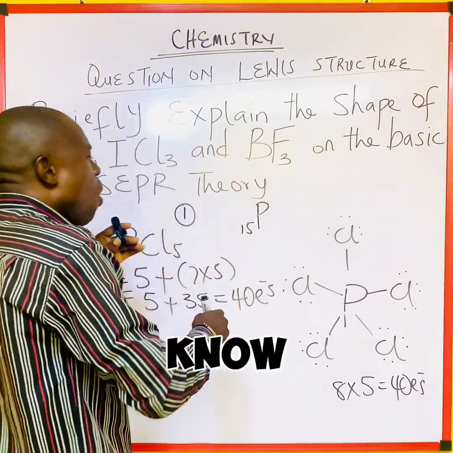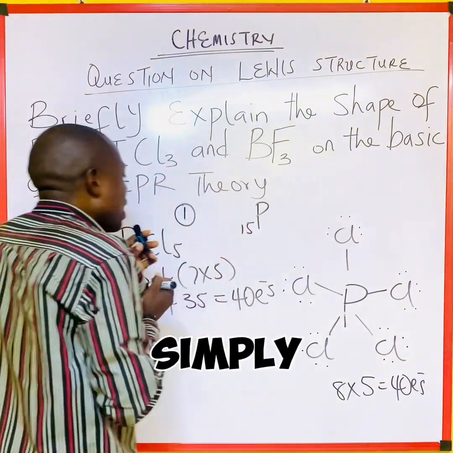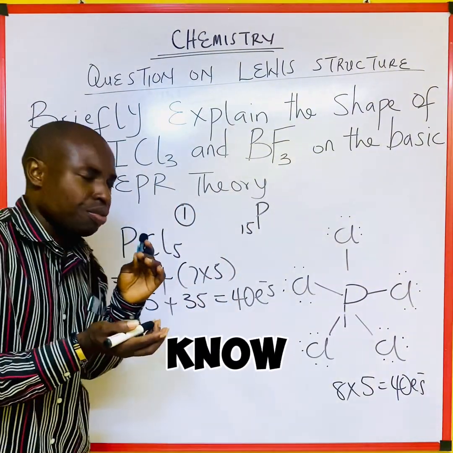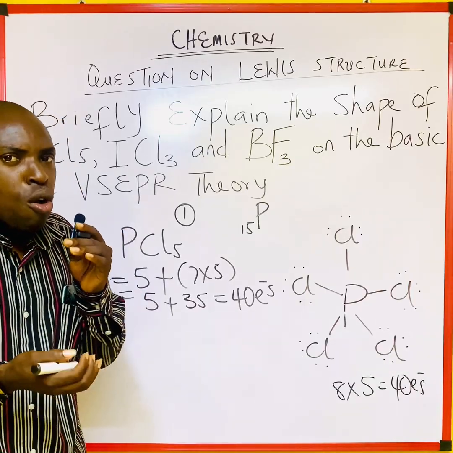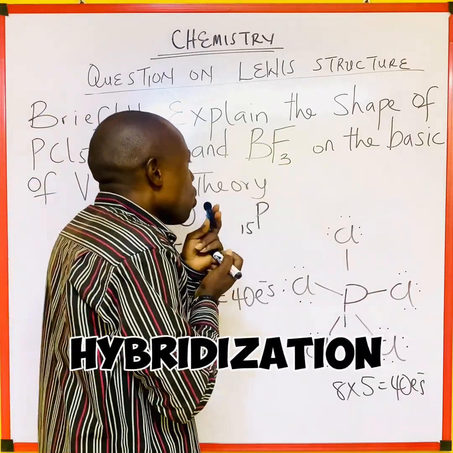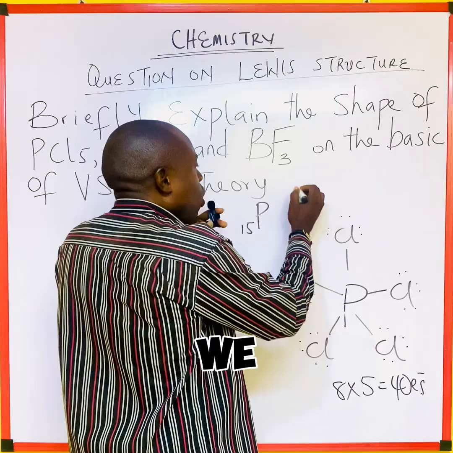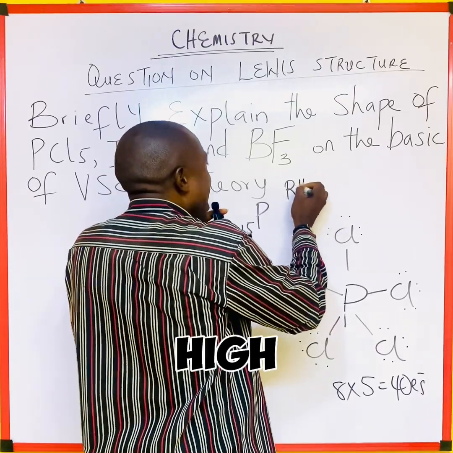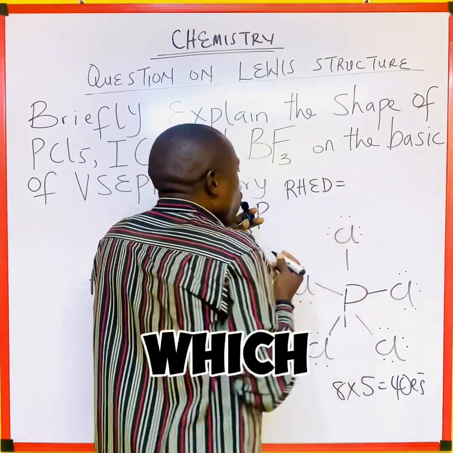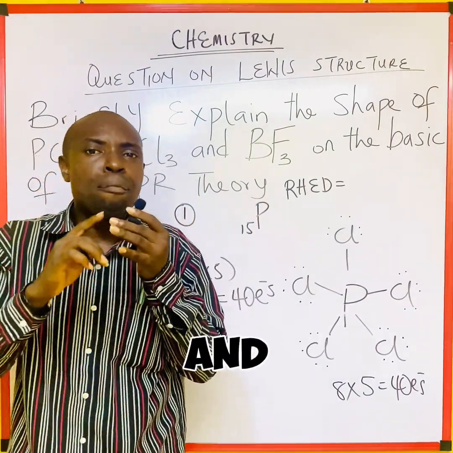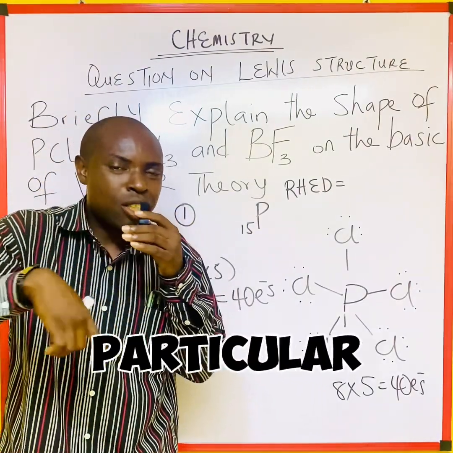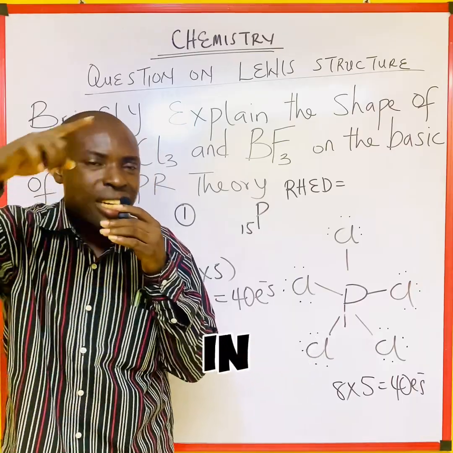Now that you know all these things, we can calculate the hybridization. To get the hybridization, we need to know that there's something we call region of high electron density, which is simply the total number of lone pairs and bond pairs ascribed to a particular central element in a molecule.